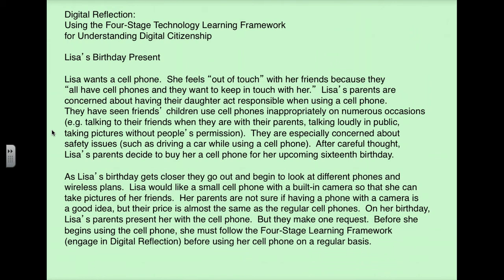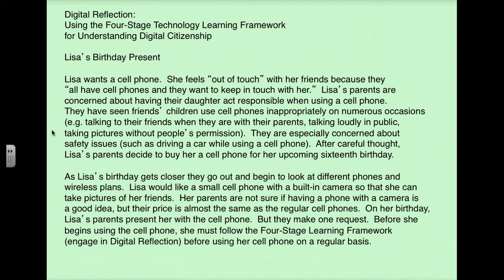Lisa's parents are concerned about their daughter using the cell phone responsibly. And as it goes on to say, the examples here are talking loudly in public, taking pictures without people's permissions. We all know that, and of course, the big no-no, which is driving a car while using a cell phone.